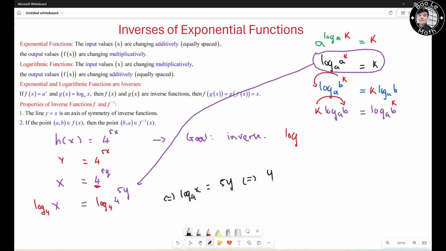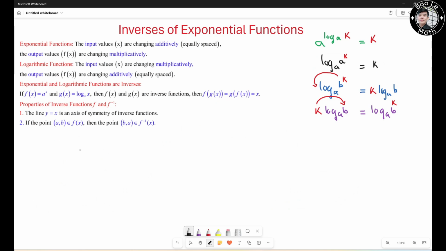So I have y equals 1 over 5 log base 4 of s, right? And then I just replace y with h inverse of s, so h inverse of s equals 1 over 5 log base 4 of s. And this is the answer.